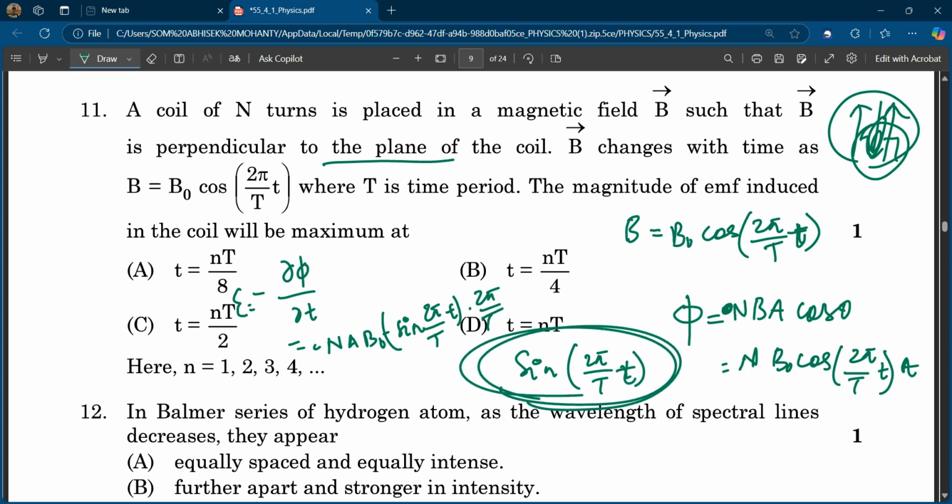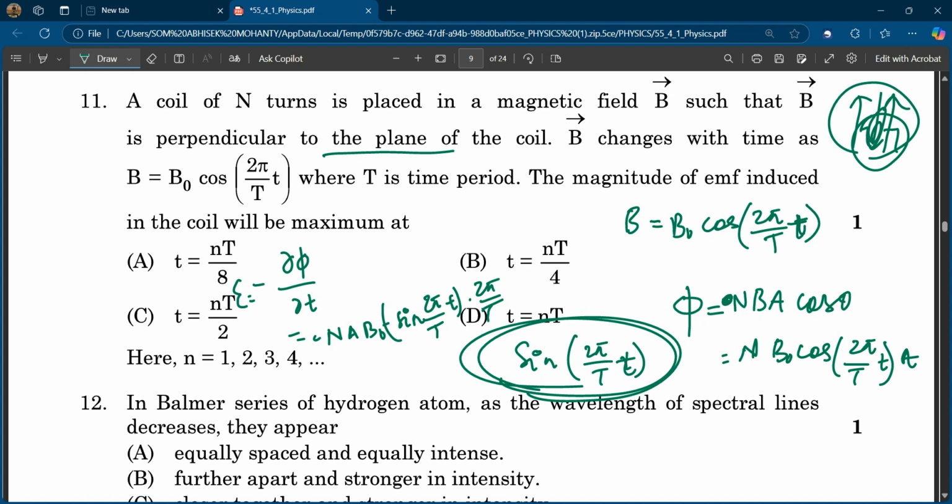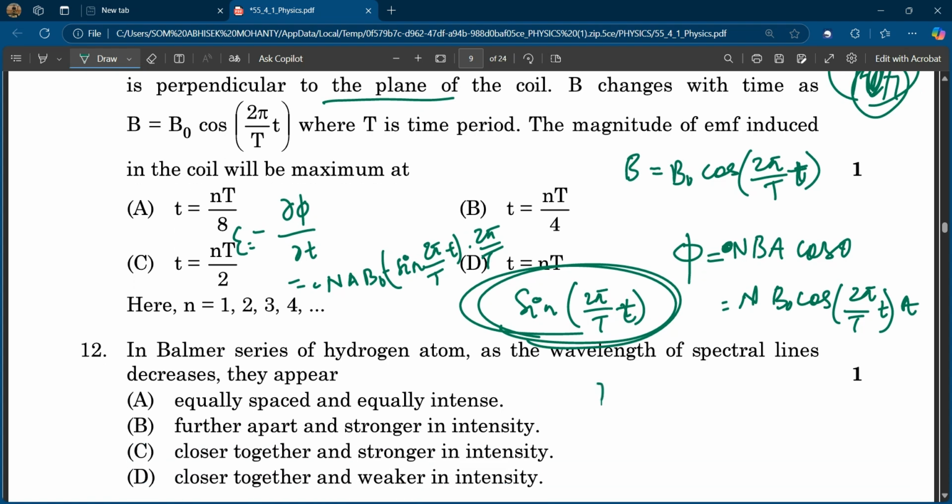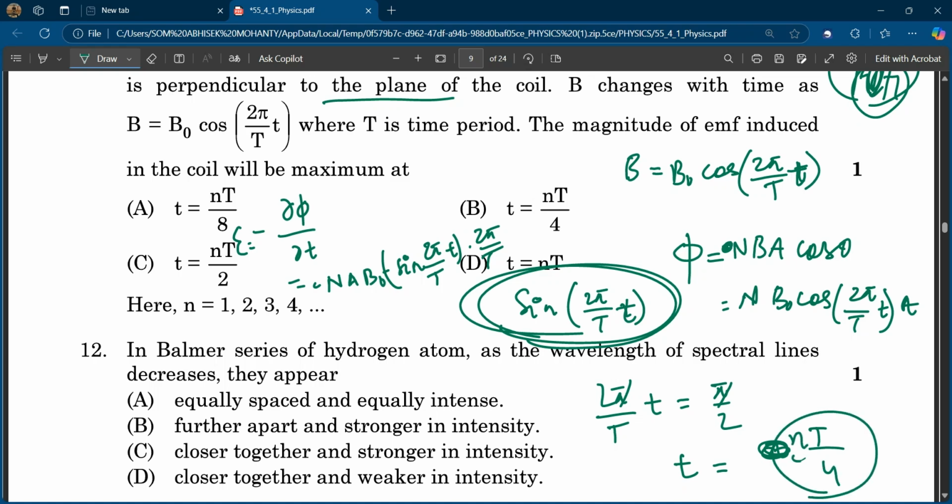When will it be maximum? When sine theta is maximum, theta is 90 degree. So 2 pi by T into t is pi by 2. Pi cancels out, so t is equal to T by 4, where we can put n here. n can be 1, 2, 3, 4, so n T by 4.